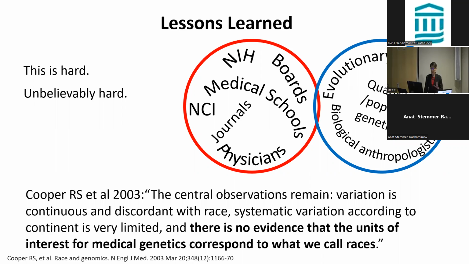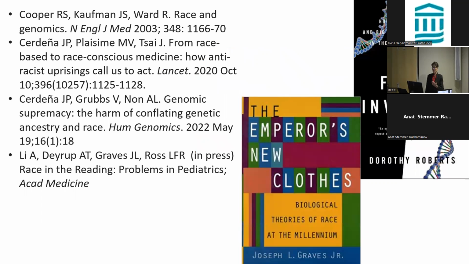Now, we may discuss in the questions the NIH and their views on race, which I'd be happy to do. For those of you who want to learn more, here are 4 references I recommend. The one on the bottom is more specifically for people who are looking at revising textbooks, because we provide a mnemonic to help people evaluate whether race is being used appropriately or inappropriately. This book, Fatal Invention by Dorothy Roberts, the first half of that is very, very informative.